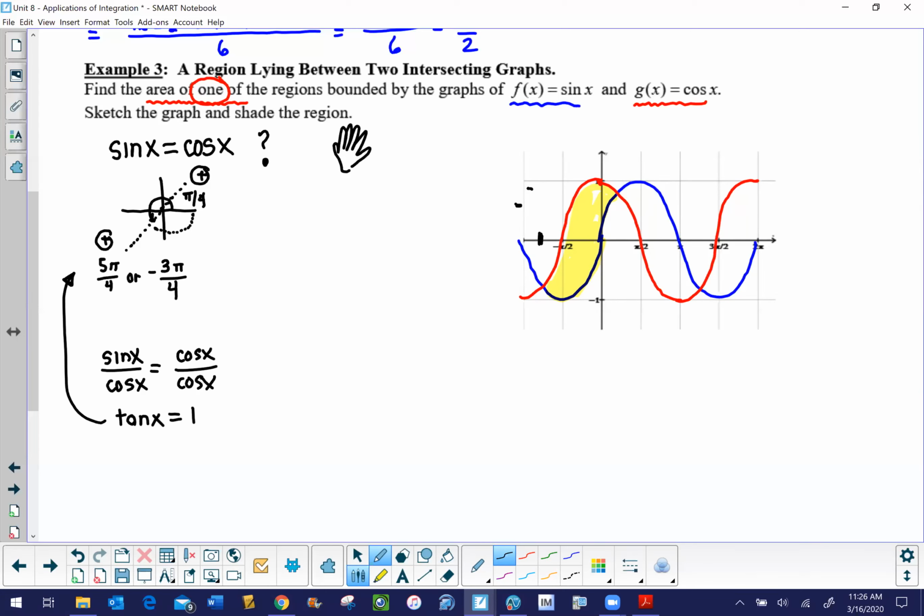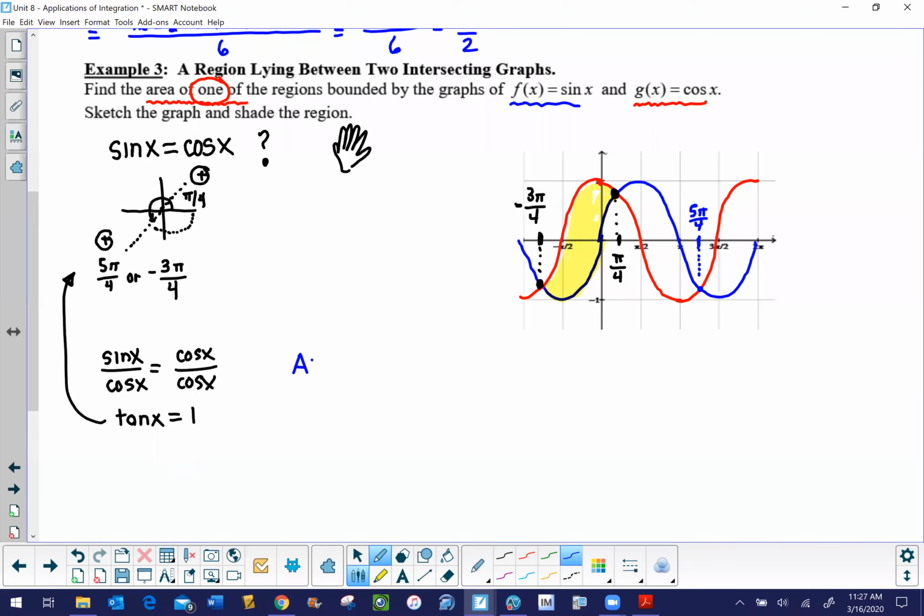So we just found our boundaries there. The very first intersection Mr. Record is labeling now is at that -3 pi over 4. The second intersection Mr. Record is labeling at pi over 4. And that 5 pi over 4 would be the third intersection point we see that we didn't really label or use. But there's the third time in this particular picture that these two functions are intersecting each other.